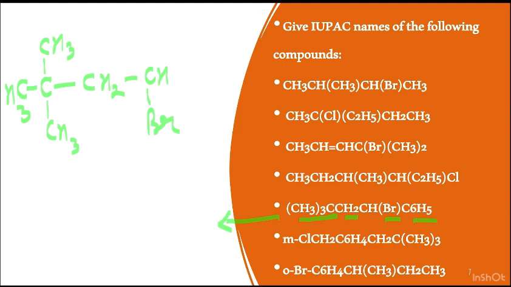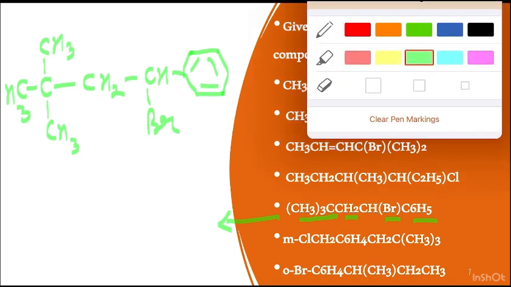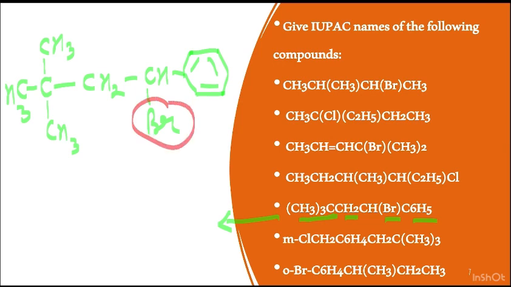And then C6H5. That means the phenyl group. Now you have this Br in the carbon chain, side chain, not attached to benzene. So the compound is haloalkane. And this is a substituent here. Start numbering from here.